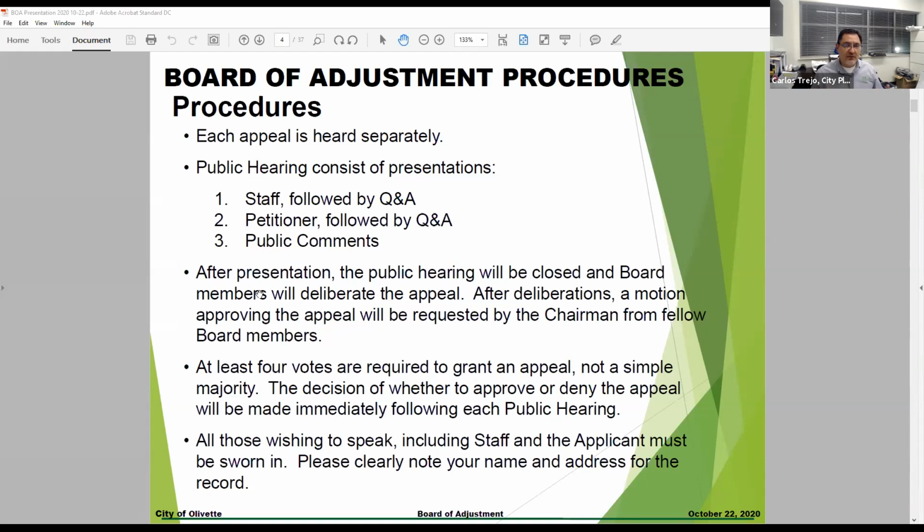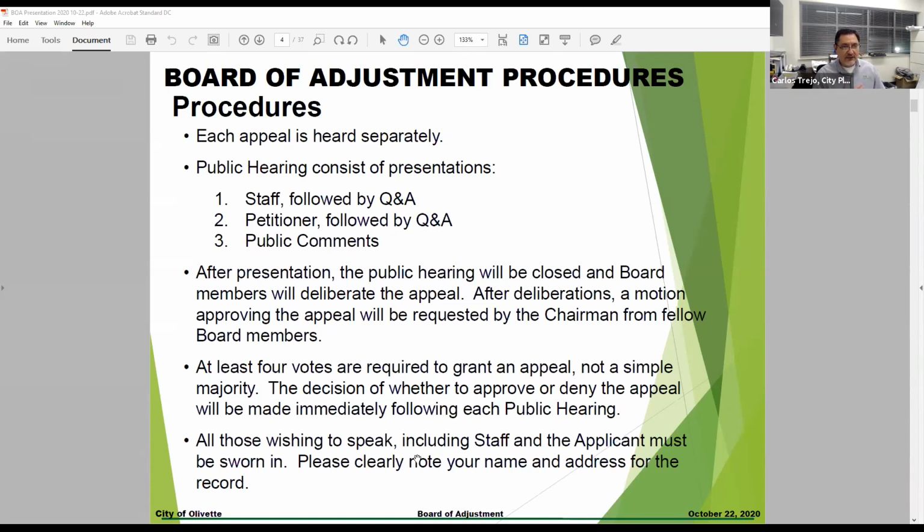After the presentation, the board will close the public hearing and you'll deliberate amongst yourselves, and then the chairman will call for a motion. The motions are always a positive motion, so it's to grant the request, and then you vote on it, and you need 4 affirmative votes for a variance to be granted.